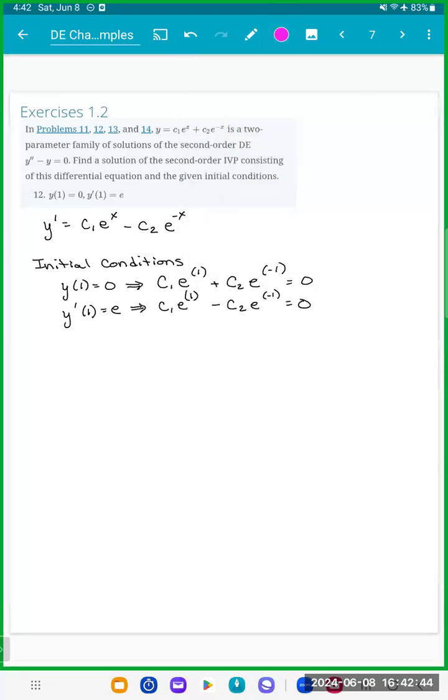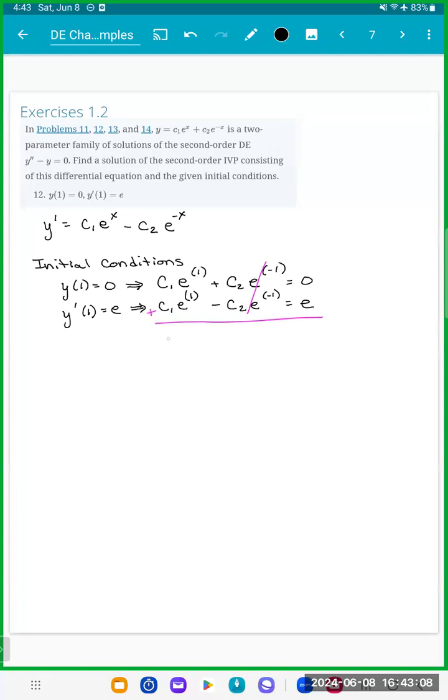If we add these two equations together, right? If you think back to algebra days, we can combine those two together.